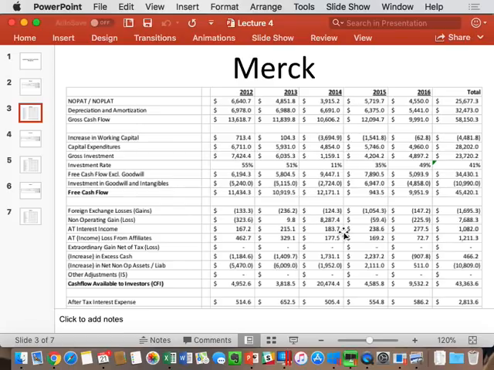Or if a company has negative free cash flow, where did the money come from? Did they get it from non-operating cash flows? Did they get it from debt? Did they get it from equity? So free cash flow is important because not only is it key to value, but it sets up how you're going to think about the analysis of the company. So again, if positive, where did it go? If negative, where did it come from?